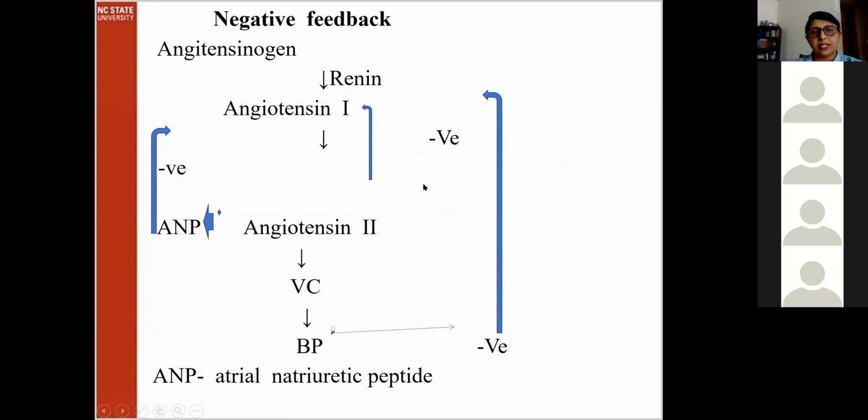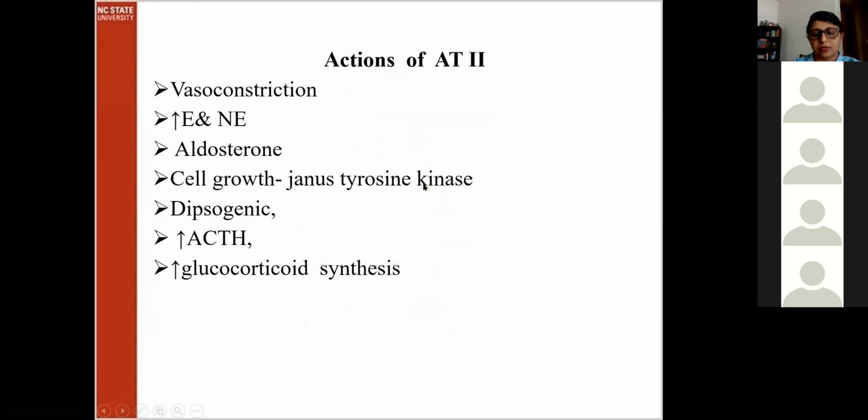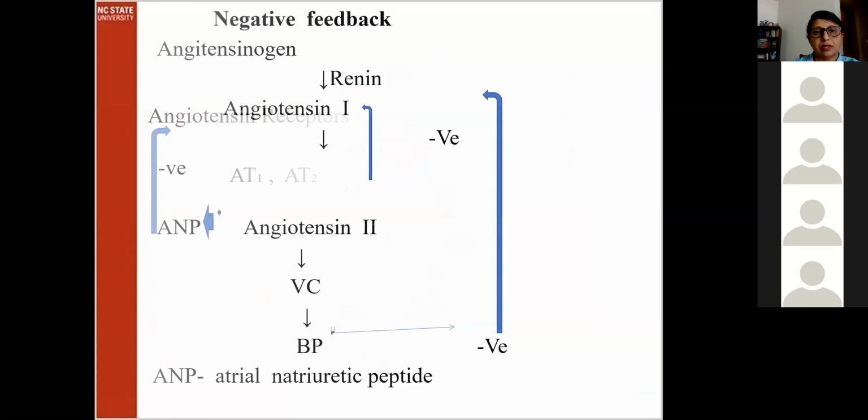Now there are certain negative feedback mechanisms in this renin-angiotensin system. You have already seen that angiotensin 1 is converted to angiotensin 2 by renin.